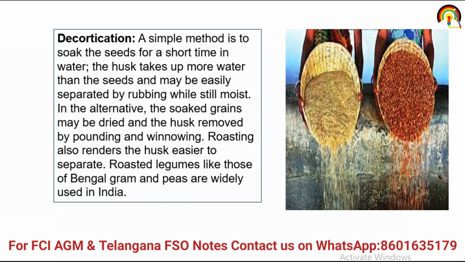The soaked grain may be dried and the husk removed by winnowing, as the winnowing process is shown in the picture, and roasting also renders the husk easier to separate. Roasted legumes like Bengal gram and peas are widely used in India. So this is the process of decortication, where by winnowing we remove the husk.